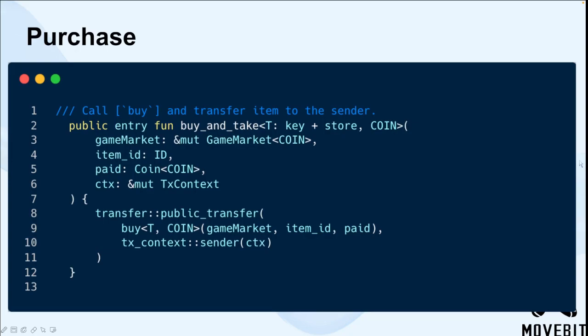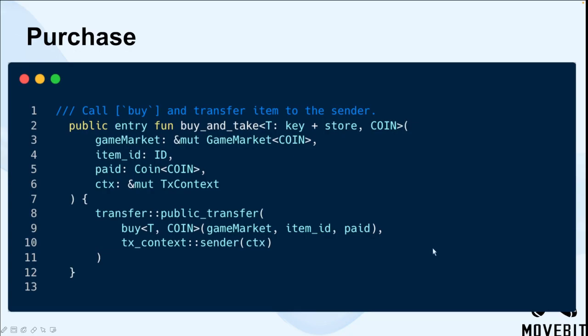Let's see the breakdown of this function. So the buy and take function calls the buy function, which was explained in the previous response. The buy function removes the item from the game market, checks if the amount paid matches the asking price, updates the payment table, and returns the item.